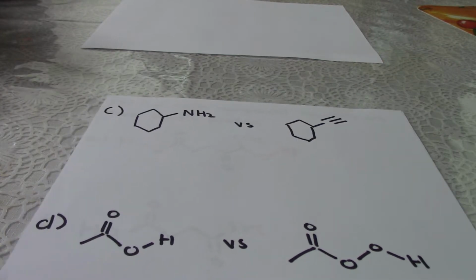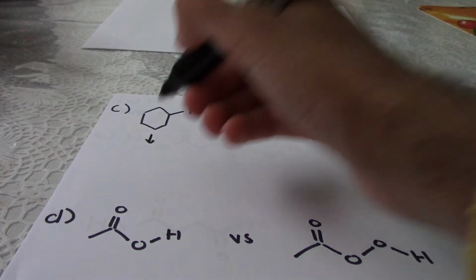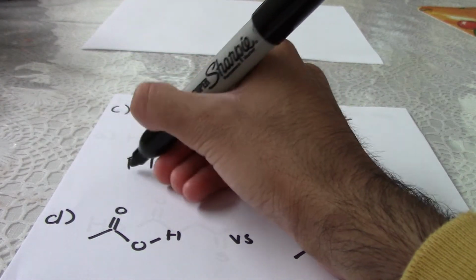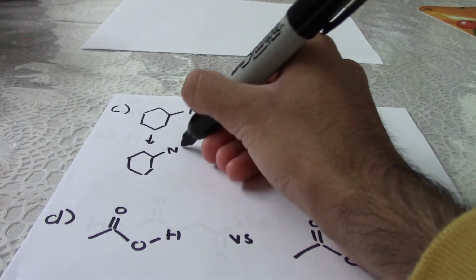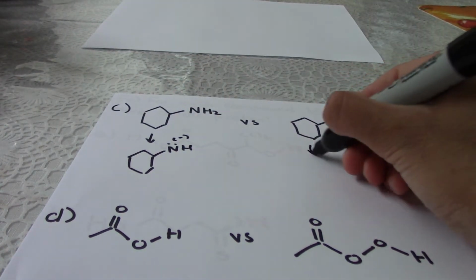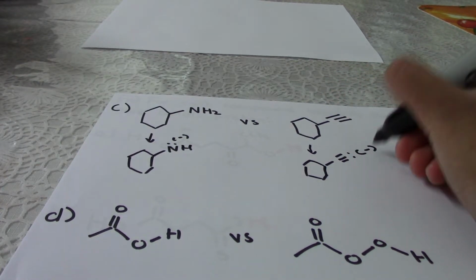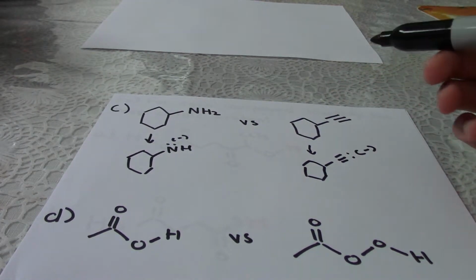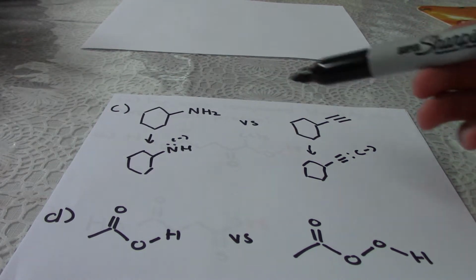Now be careful about this example. If I deprotonate this one, what do I get? I get a negative charge here. And if I deprotonate this one over here, I get a negative charge over here. Now, if you recall, these don't have resonance or any inductive effects.